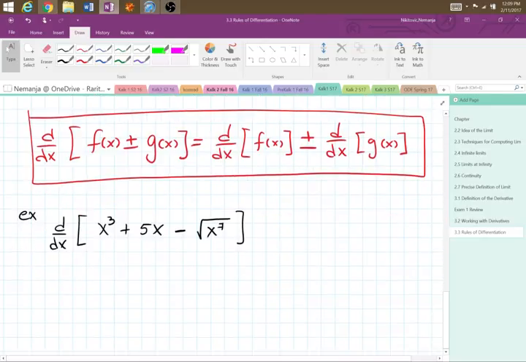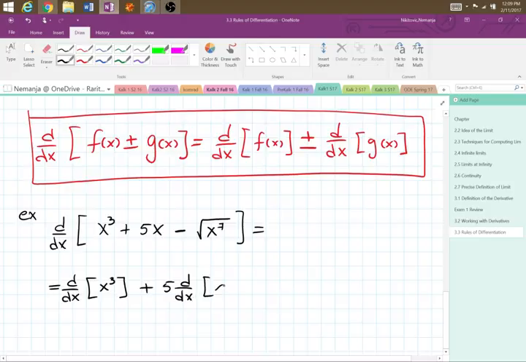Now I understand that next week you are going to look at this and just write the answer, but now let's just separate these and use the property because this example is there to illustrate a property. So I'm going to take the derivative of x cubed separately, plus 5 times the derivative, remember, kick the constant out, that was the last property, the derivative of x, and then minus the derivative of x to the 7 halves. So I have 3 separate functions that are added or subtracted, therefore 3 separate derivatives, preserving the signs in between.